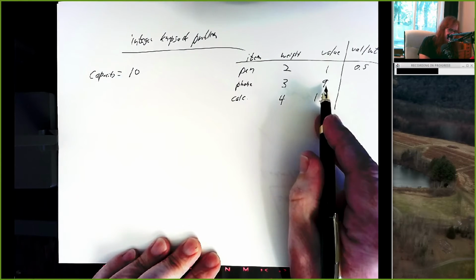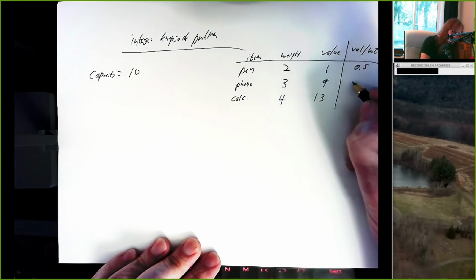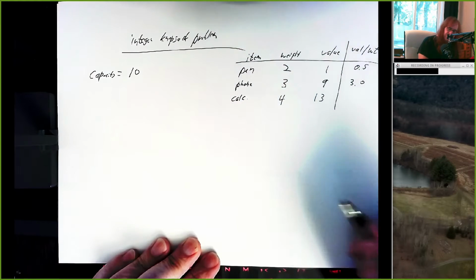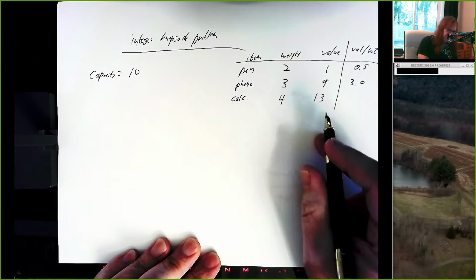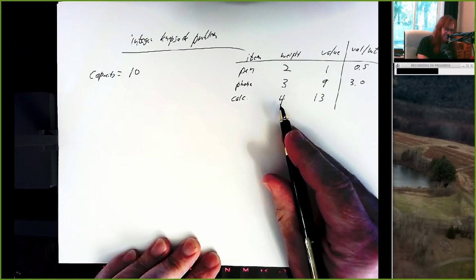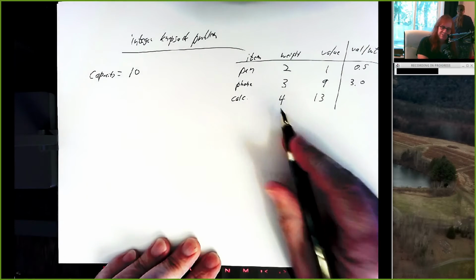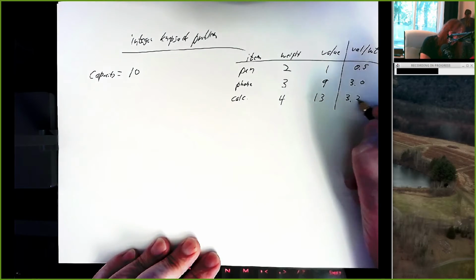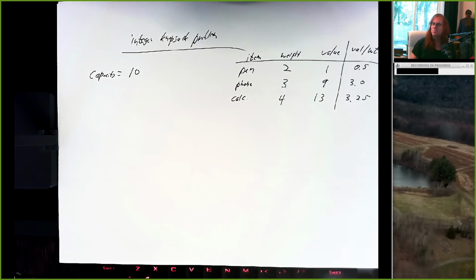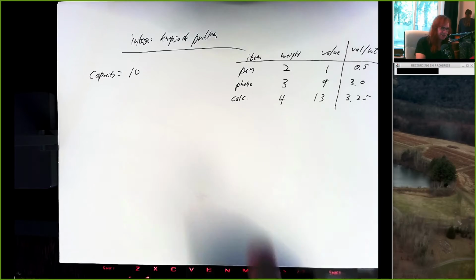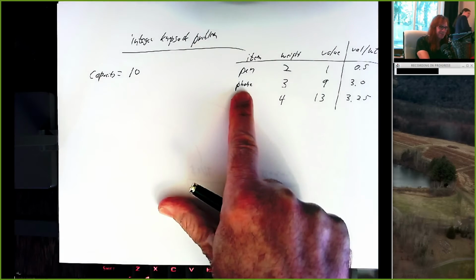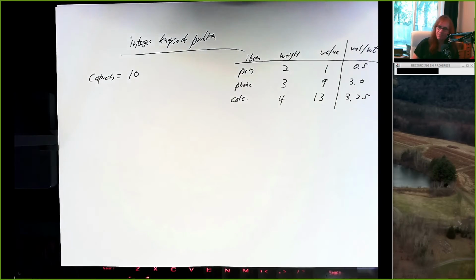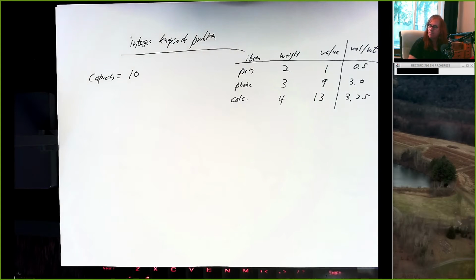The phone, $9, weighs 3 pounds. This is $3 per pound. The calculator, $13 for 4 pounds, so 13 over 4, this is actually $3.25 per pound. And so if we look at value per weight, the calculator is the most valuable, followed by the phone, followed by the pen. So what do you think our best solution is going to be?